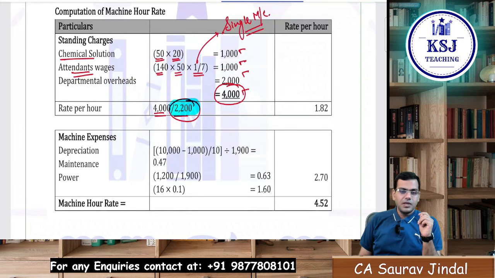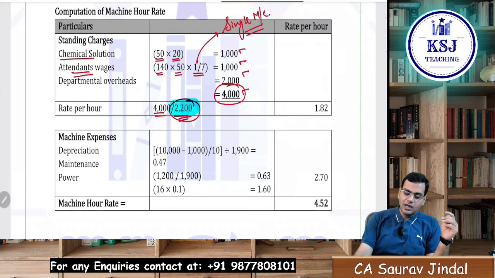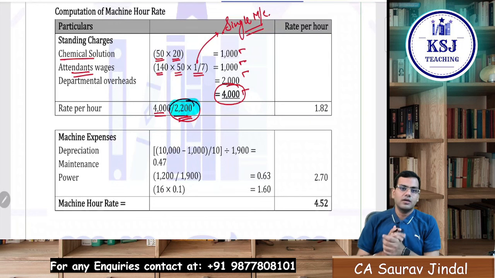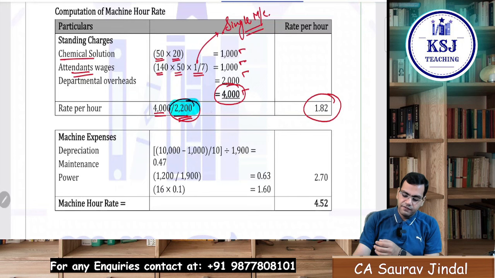You are going to pay rent for all the hours, right? So here we can take the total number of hours, that is 2200 hours. Clear?